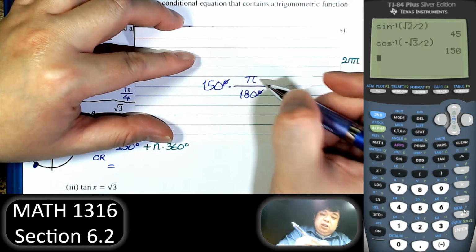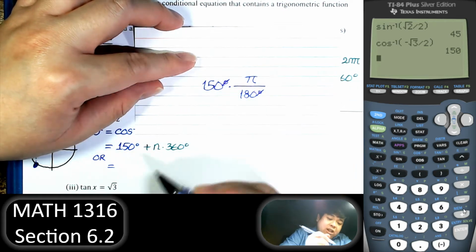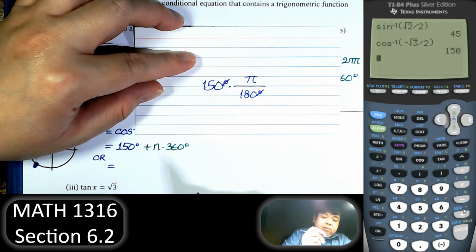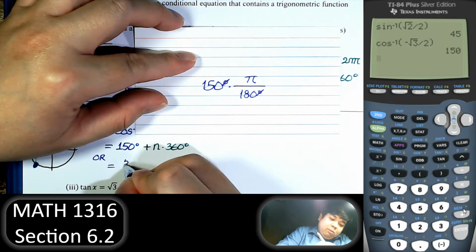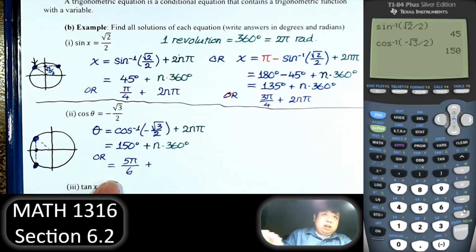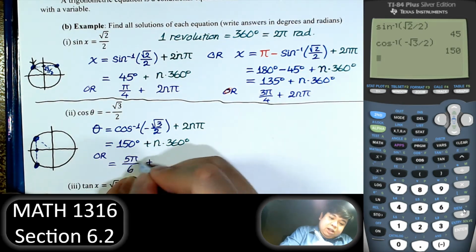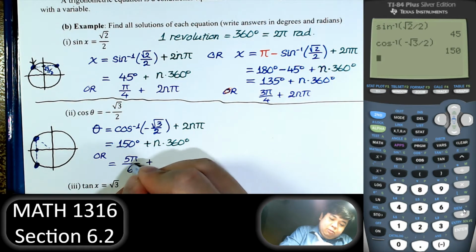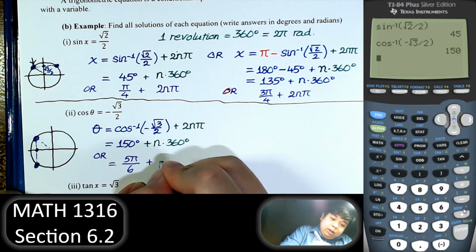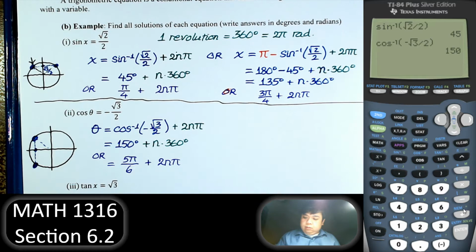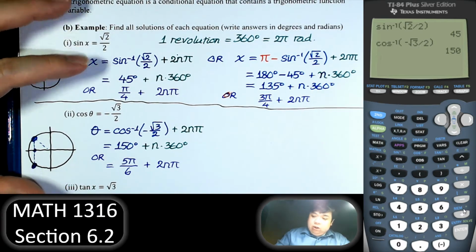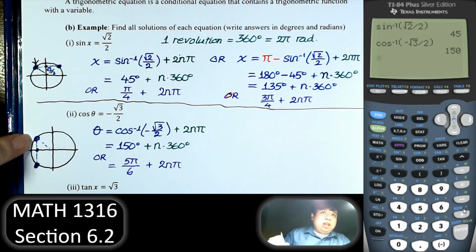Cancel the degrees. 150 over 180 divided by 30, we have 5 pi over 6. And if it is in radian, or in that 5 pi over 6 form, it's going to be 2n pi. Right. So that is all the solution at this point.